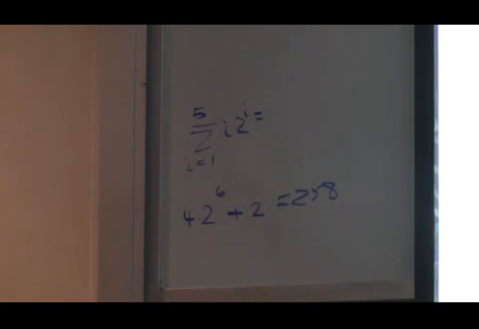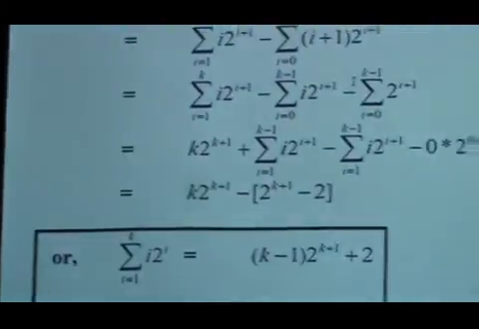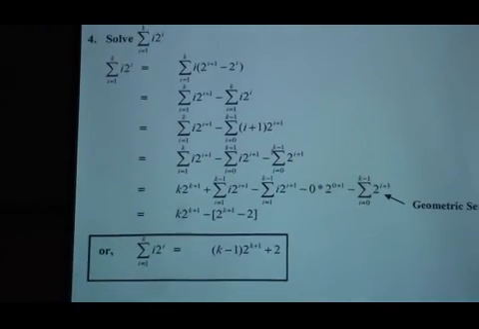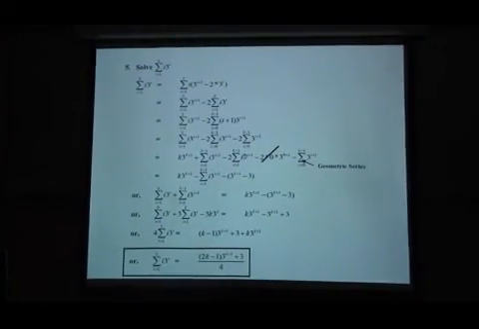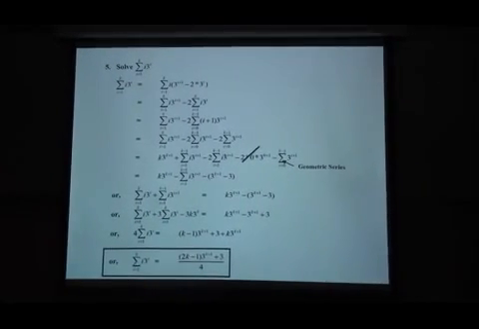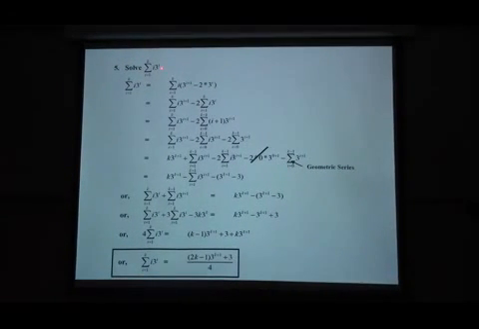Okay? That's it. And just in case you wanted to try this at home, and nobody's looking, I actually have one more that I thought you'd find fun. I'm not going to do it. This one is a little trickier, but it's the same thing. Still the telescope. The problem here is that 3 to the i plus 1 is 3 times 3 to the i, so you have to subtract twice the previous ones to make it balance.